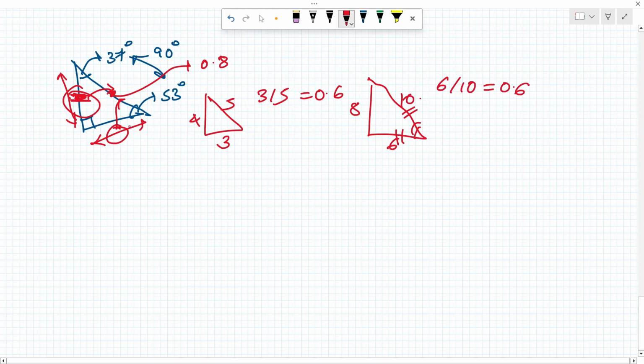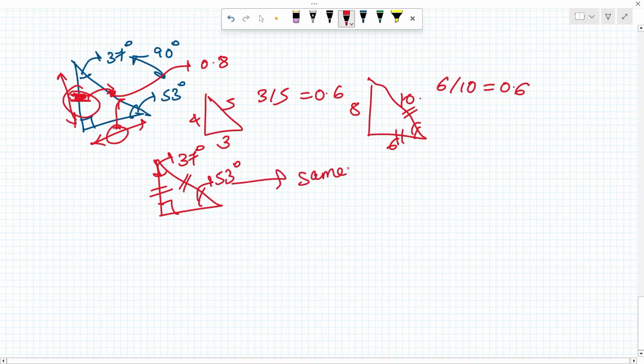What that means is, if I draw any right angle triangle having 53 degrees and 37 degrees as the angles, the ratio of any two sides always remains the same. This is the important fact. And it does make sense, right?